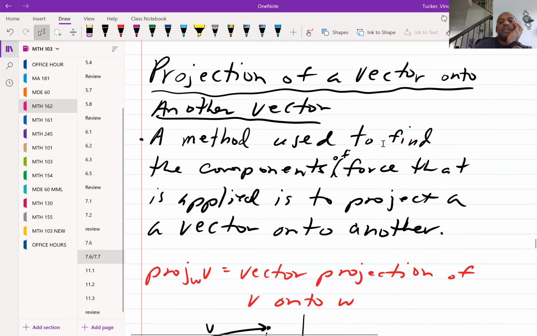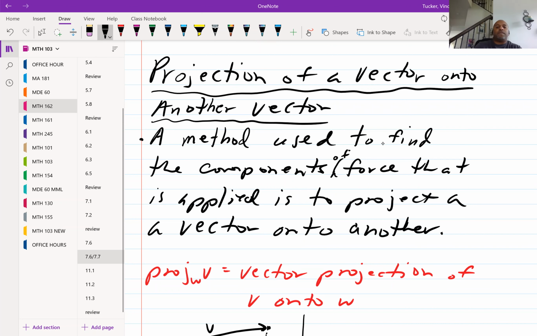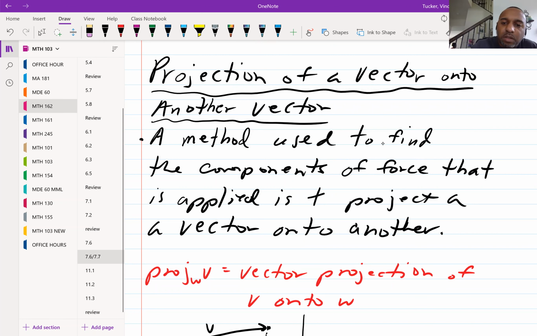So we're looking at the projection of a vector onto another vector. A method used to find the components of force that is applied is to project a vector onto another.